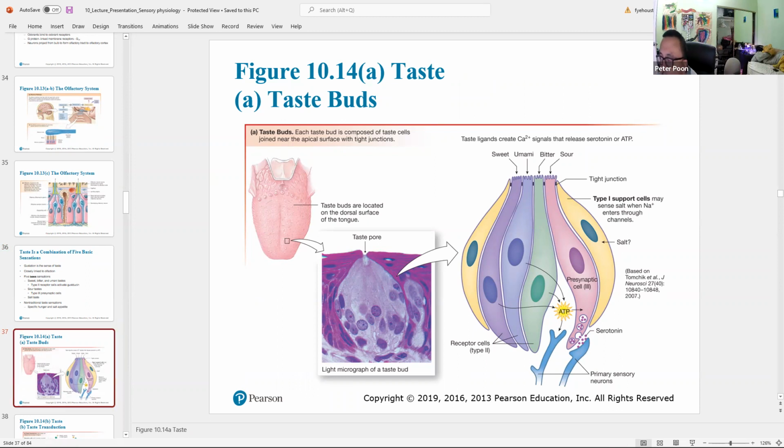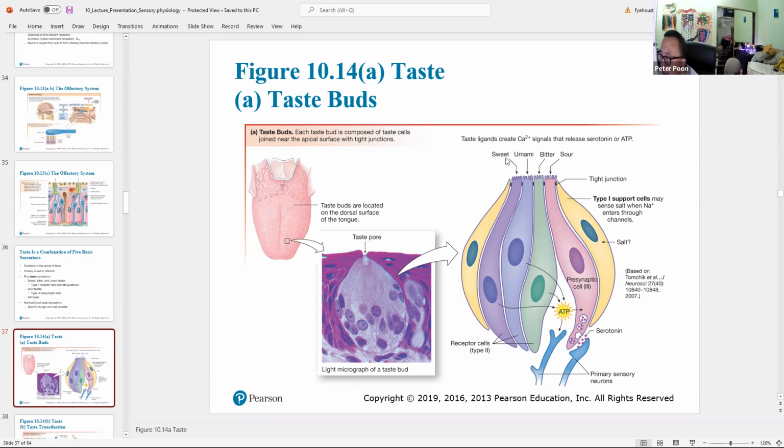So here is how everything works. This is the surface of your tongue, but the surface of the tongue has to be rough, so it can't really handle all these receptors. What happens is all these receptors lie underneath the surface, and the only thing coming through is a tiny little hole called a taste pore. The taste pore has these receptors on it.